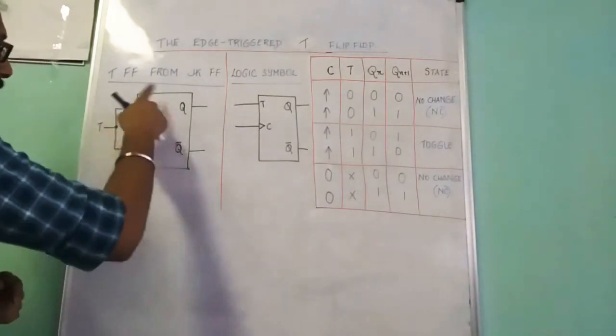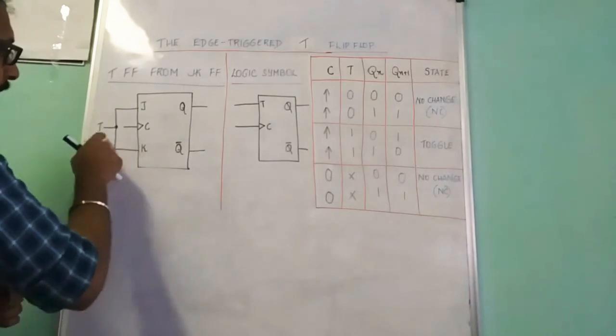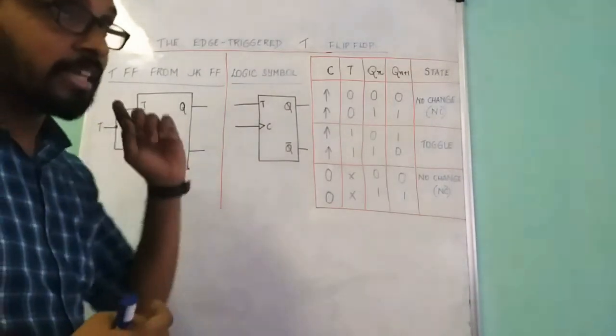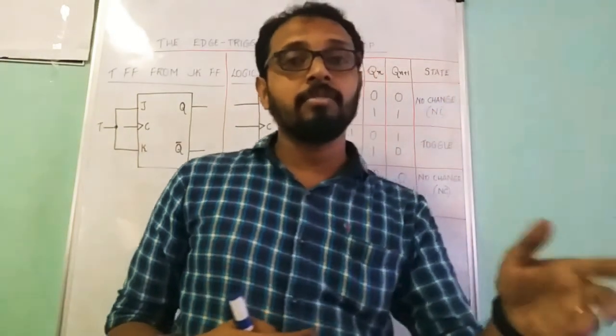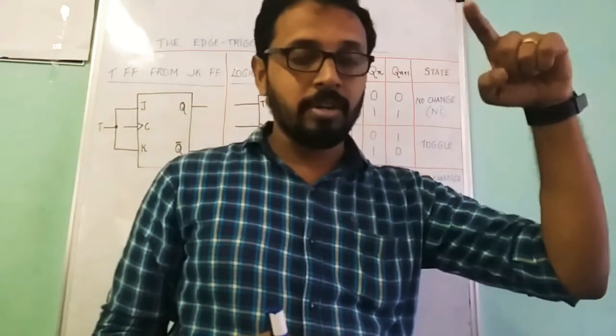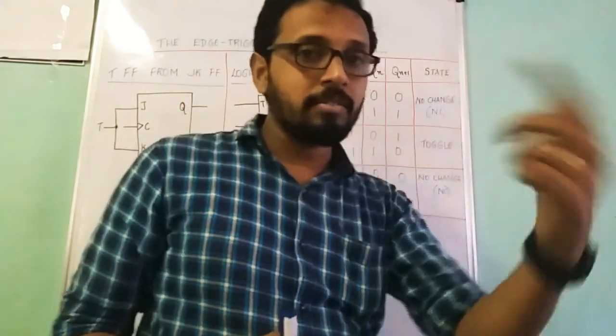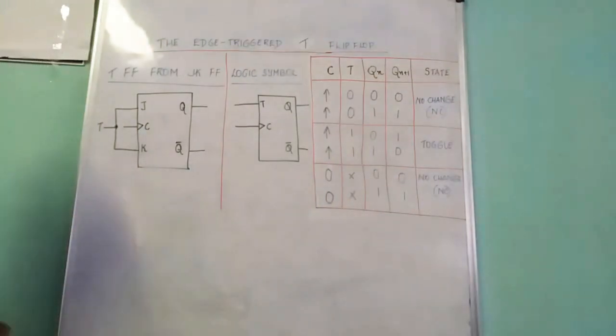So, the significance of the T flip-flop is that we can construct it from JK flip-flops. See, we are not giving the inverse as in the case of the D flip-flop. We created D from SR using one input and the complement of that particular input.